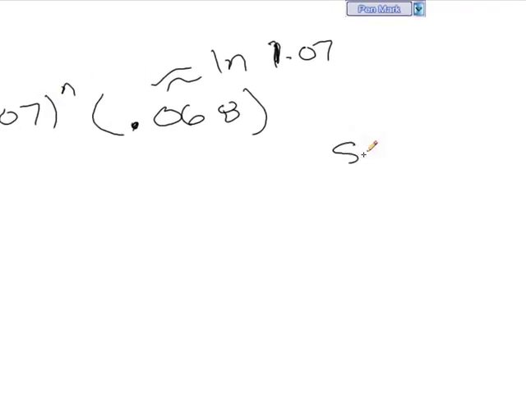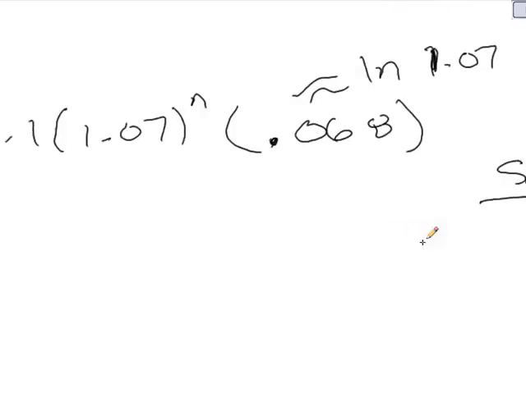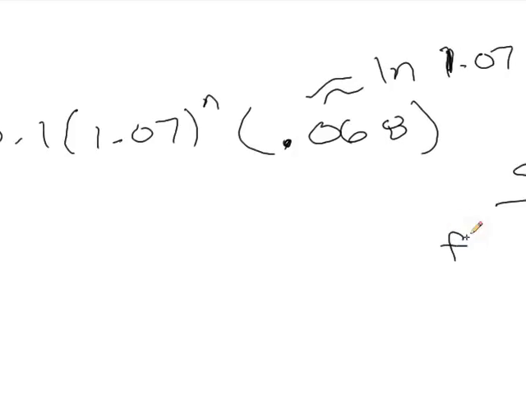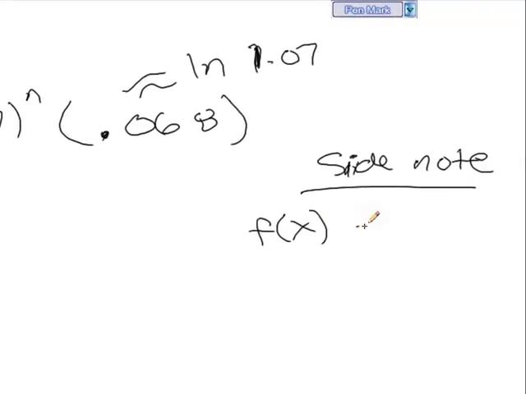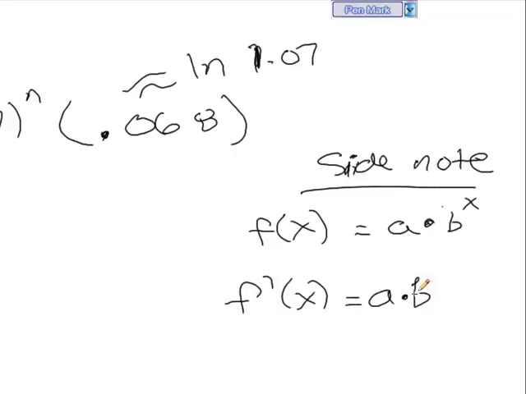So as a side note, and this will be a rule that we learn later on, the derivative of, let's just call it f of x, if f of x equals a times b to the x, so a and b are both constants with certain characteristics, f prime of x will be the same thing, but it will be multiplied by the natural log of the base.